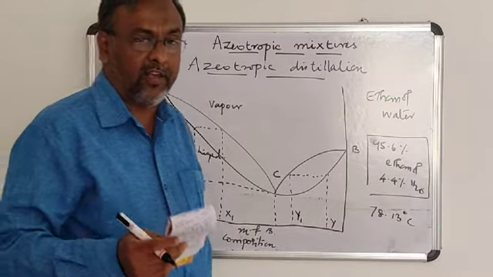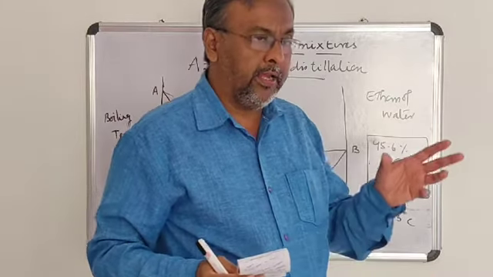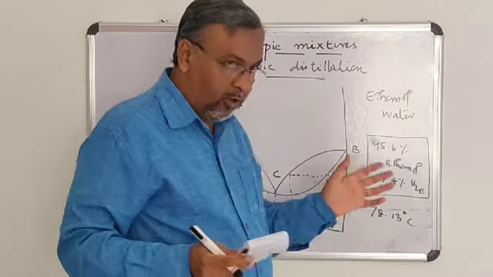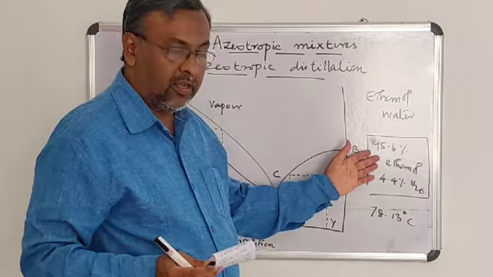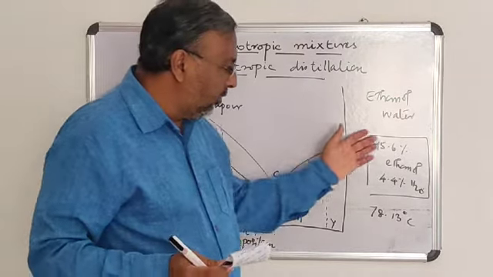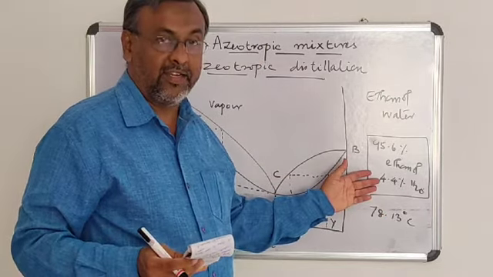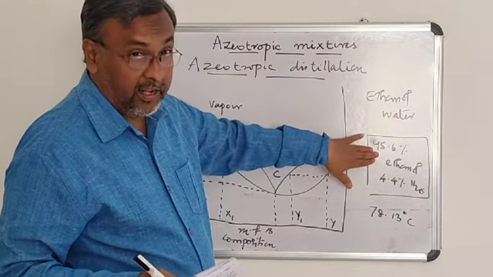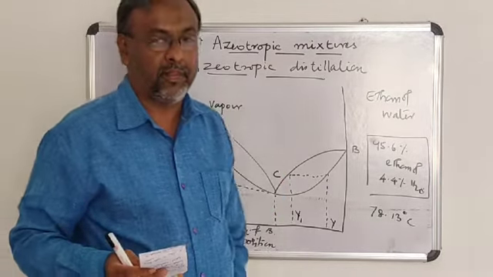Say, for example, in this case, if a solution mixture containing pure water and ethanol in a composition of this, is distilled, what happens? Pure compound is collected as a distillate and water is separated, but ethanol cannot be separated.